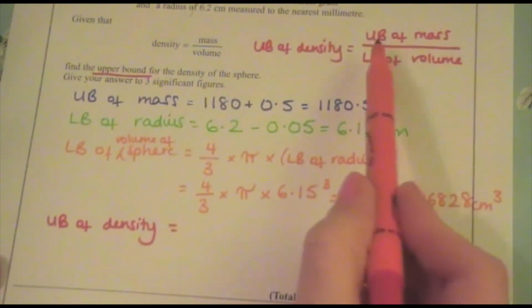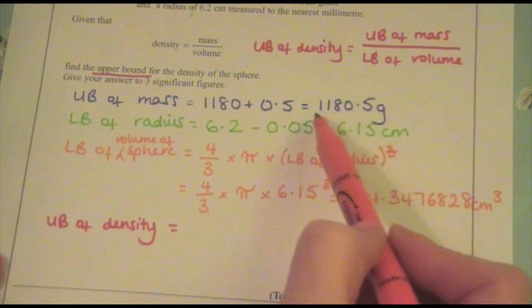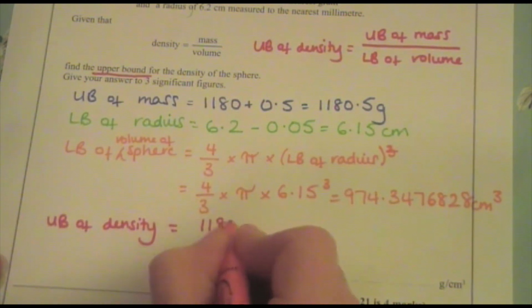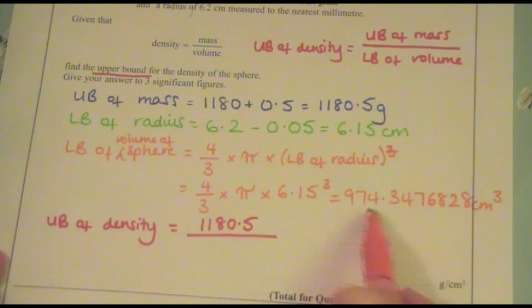Okay, we said here was going to be the upper bound of the mass divided by the lower bound of the volume. So the upper bound of my mass was 1,180.5. And I'm going to divide it by the lower bound of my volume, which is this number here.